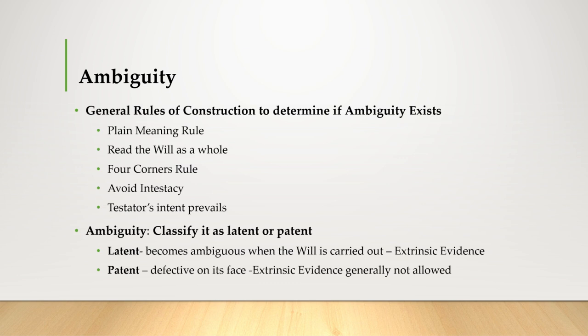If you find that some word or words of the will are ambiguous, you should classify them as either latent or patent, because of the extrinsic evidence rule that will allow you to shed light on the testator's intent. There are limitations. We can't say what the testator intended. We can shed light on the words.